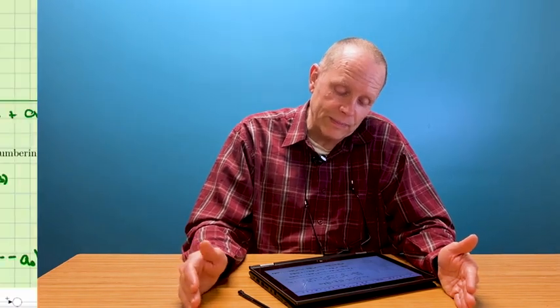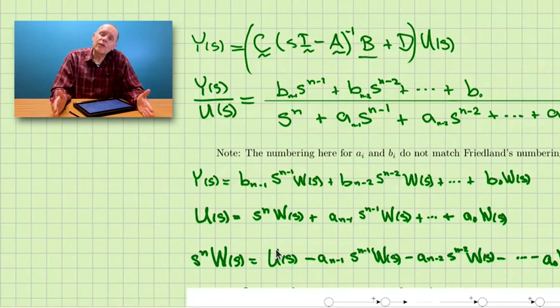Basically, what I want to do is introduce you to this controllable canonical form so you can see what it looks like. Often when we start out writing mechanics state equations, they turn out to be in this form to start with, but not always. So let's look at the controllable canonical form. Generally, we start from the transfer function, which was C(sI minus A) inverse B plus D. This transfer function is a numerator polynomial in s divided by a denominator polynomial in s.